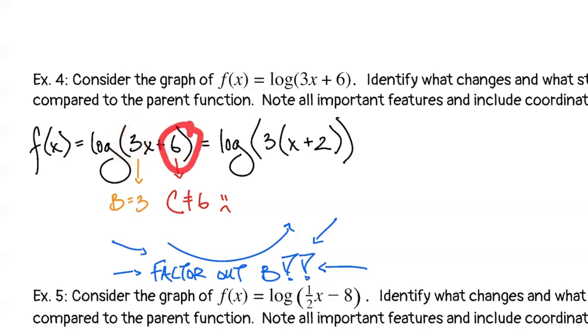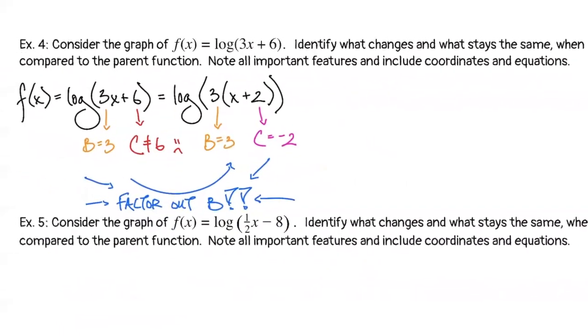But this number is not my C. I have to factor out the B in order to find the C value. So we do still have our B equals 3, but in our happy hot pink color here, we can say that C is that negative 2.